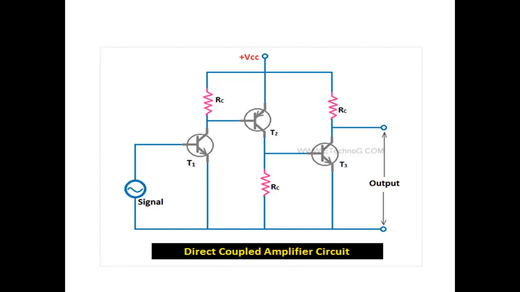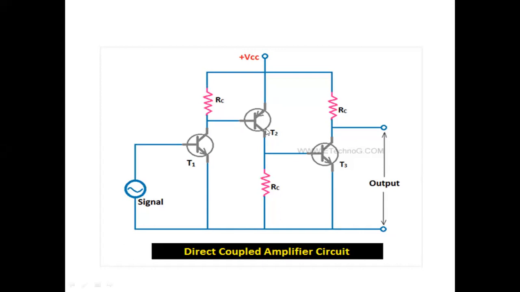That means there is a shift in the operating point, and we can get some distortion in the output. The operating point should be stable. If the DC current passes stage by stage, the DC current of the first stage will shift the operating point of the second stage, the second stage will shift that of the third stage, and so on.